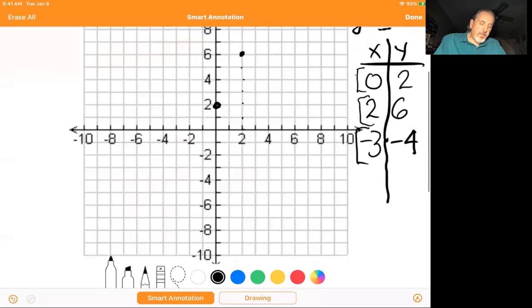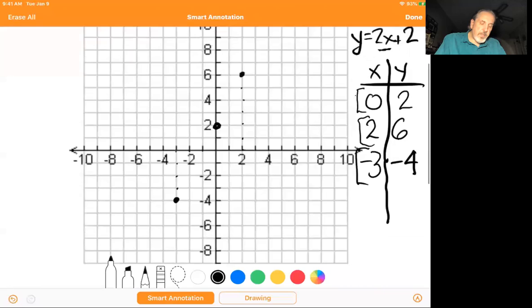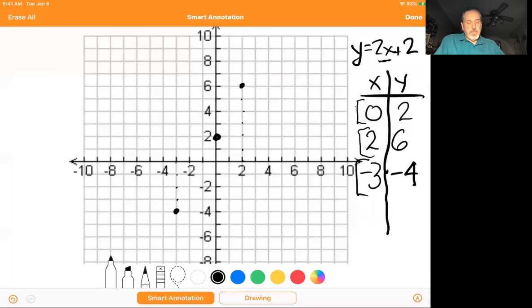And then -3, -4: starting at the origin, I move 3 units to the left, and then go down 1, 2, 3, 4. There's my third point. I'm grabbing a ruler here so I can draw a nice straight line, and as you can see, these points form a straight line.